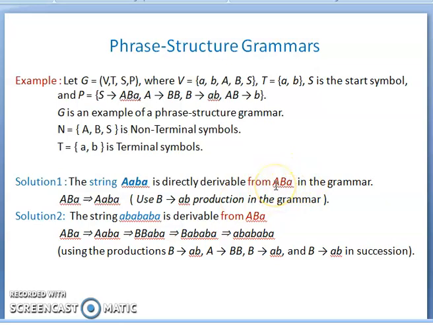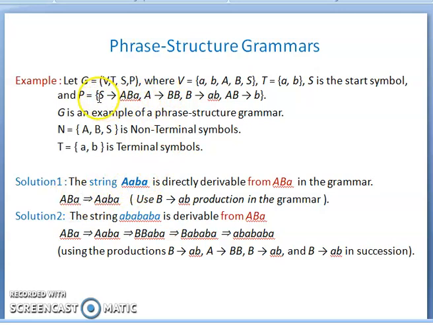So first you take capital A, capital B, small a. We require this one. So small a is there. Instead of capital B, we require capital A, small ab. That means on the extreme left we have the capital A, and extreme right we have the small a. In between is the capital B. Instead of capital B, we require small ab.